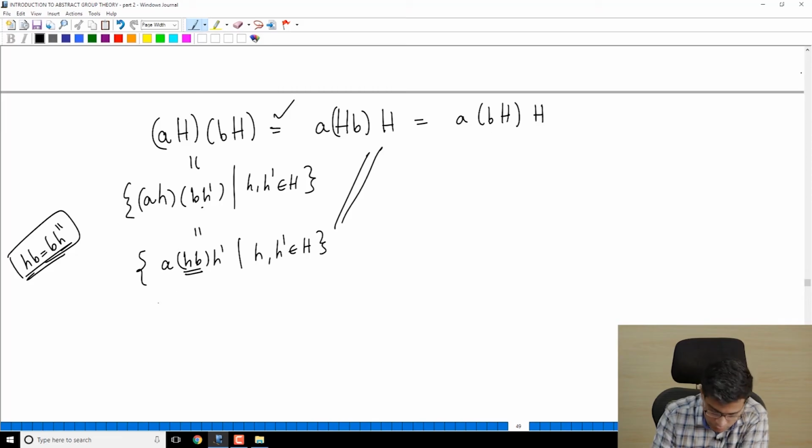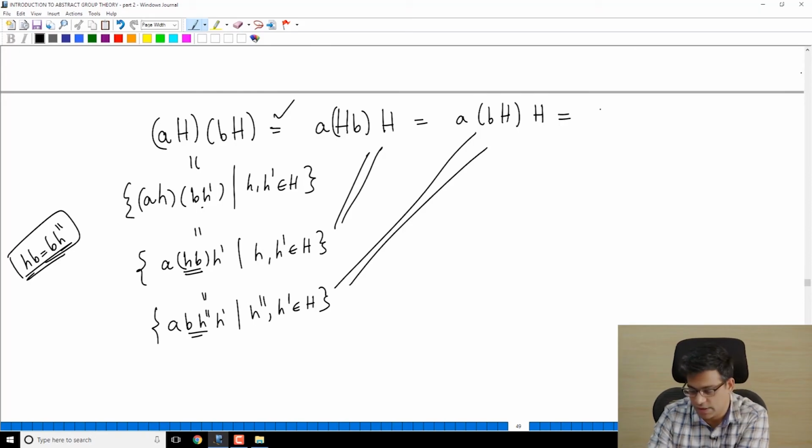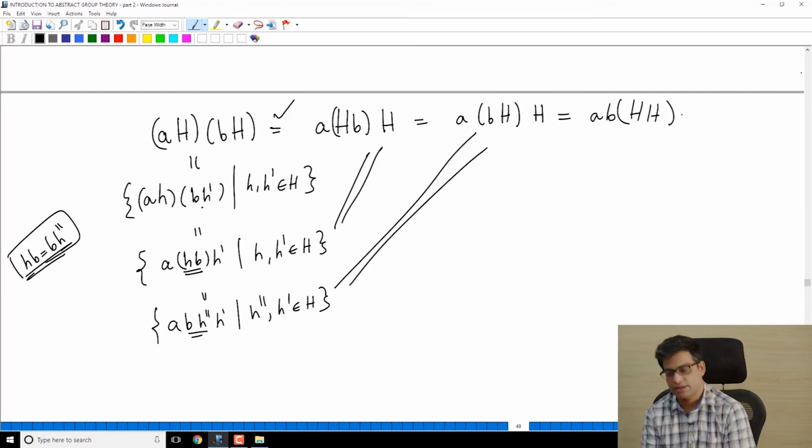In other words, I am saying that a b h double prime h prime, with h double prime and h prime in H. So this part can be switched like this. Now again using the same associativity, I can write this as AB times HH. But what is HH? If you think about it, it is nothing but H.